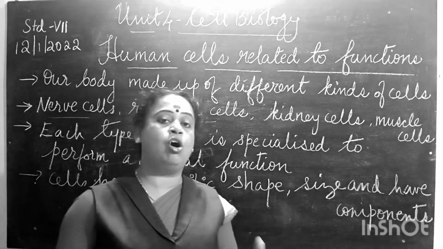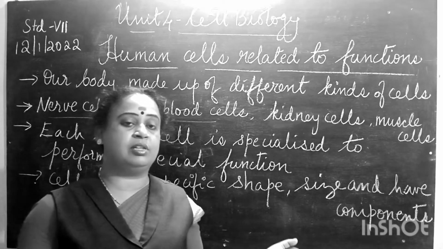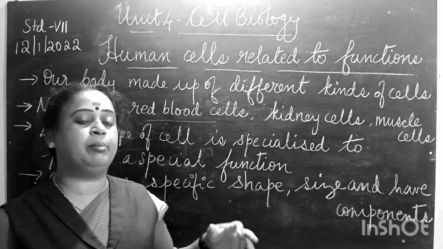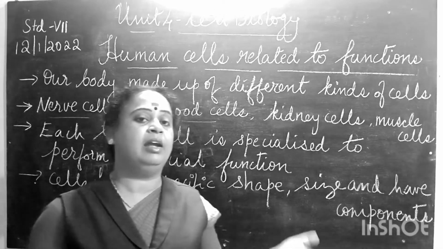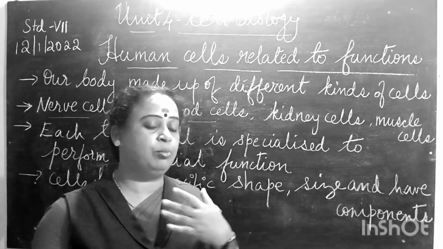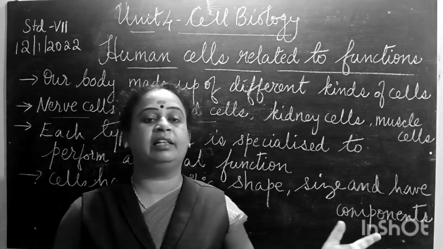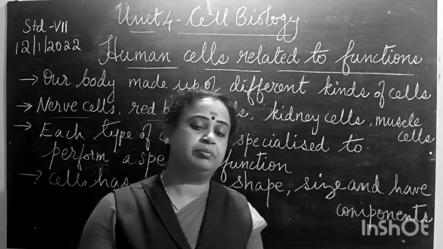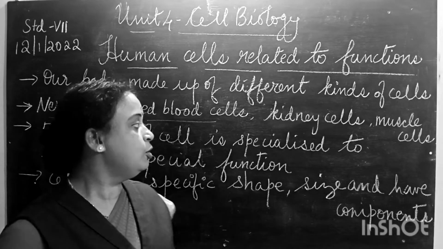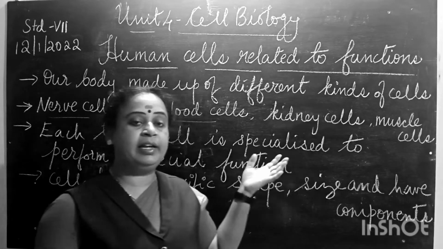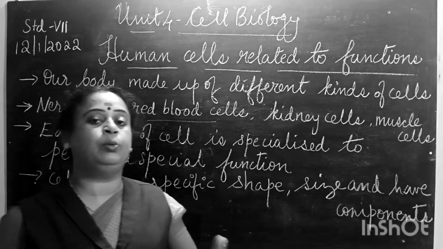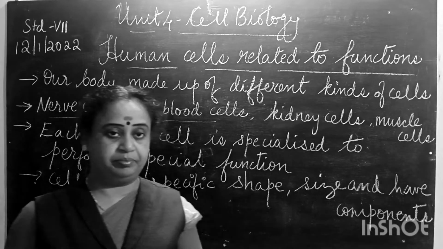They filter all unwanted toxic substances, and only wanted substances they take into the blood, and the remaining unwanted substances they remove out of the blood, and they are excreted outside in the form of urine. Understanding? So that is the role of kidney. So the kidney cells' function is filtration, filtering the blood, removing unwanted materials from the blood.